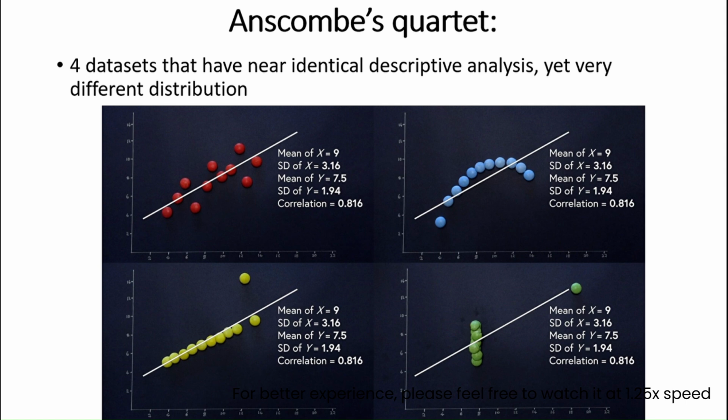Similarly for y values, the mean of y and standard deviation of y are the same for all 4 of these distributions of data, and they have the same correlation as well. So it shows that just the descriptive analysis is not enough to understand the data given to us. You have to actually look at the distribution in a graph as well to understand what data is given, because the mean of 3 and 5 is 4, and the mean of 2 and 6 is also 4.